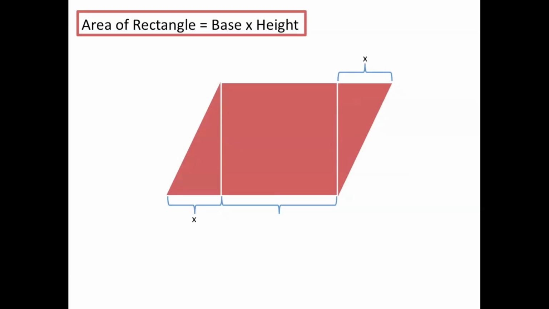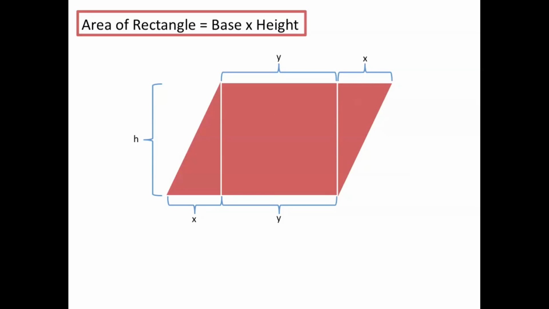And then let's say that the length of this side of the rectangle is y, which means that the other side is also going to be y because it's a rectangle and opposing sides are equal in length. And lastly, let's say that the height of both the triangles and the rectangle is h.